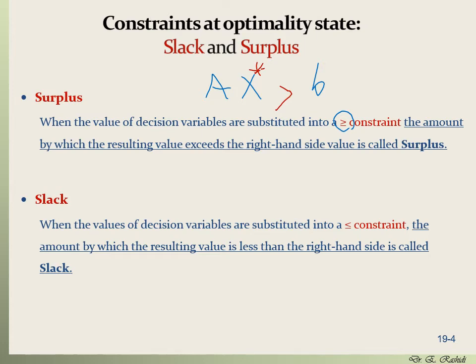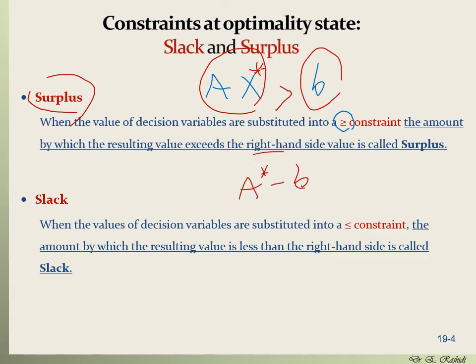This means that the left-hand side is greater than the right-hand side. So this means that we have a surplus here. When the values of decision variables are substituted into a greater than or equal to constraint, the amount by which the resulting value exceeds the right-hand side is called a surplus. So the surplus here would be ax* minus b. This would be the amount of surplus that we have.